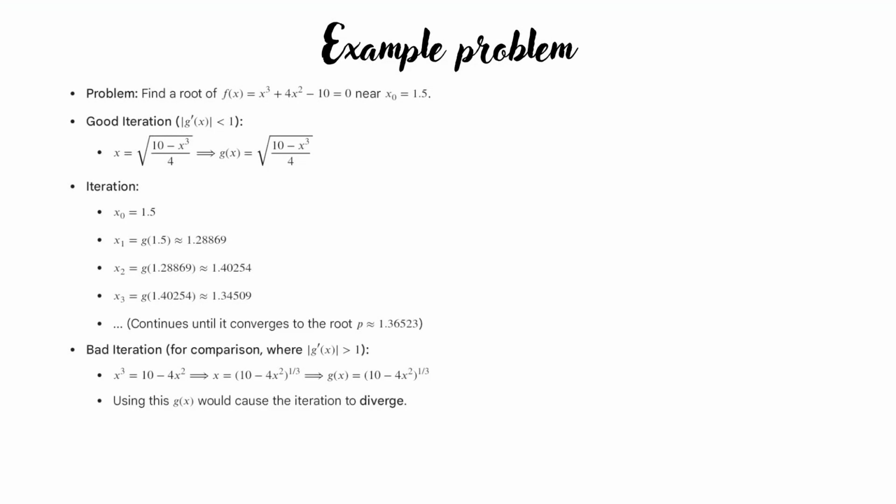Then after transposing, x becomes (10 minus 4x squared) raised to 1/3. Using this g(x) would cause the iteration to diverge. So, it matters how you transpose your function.